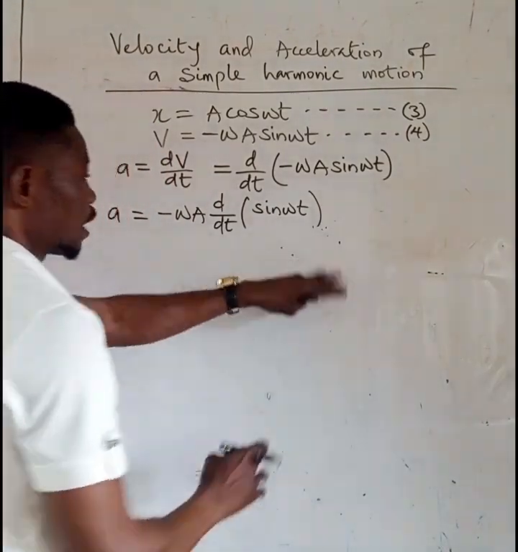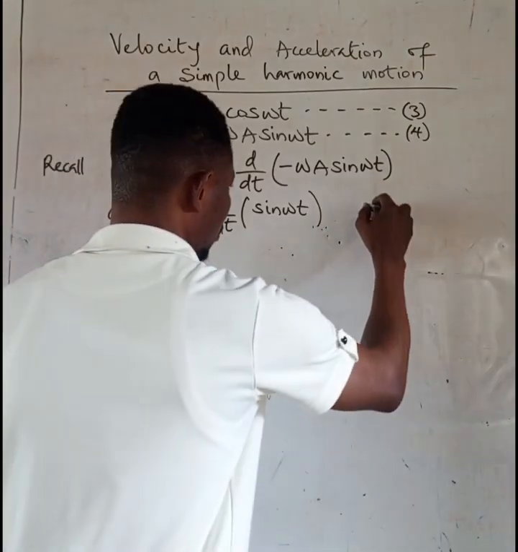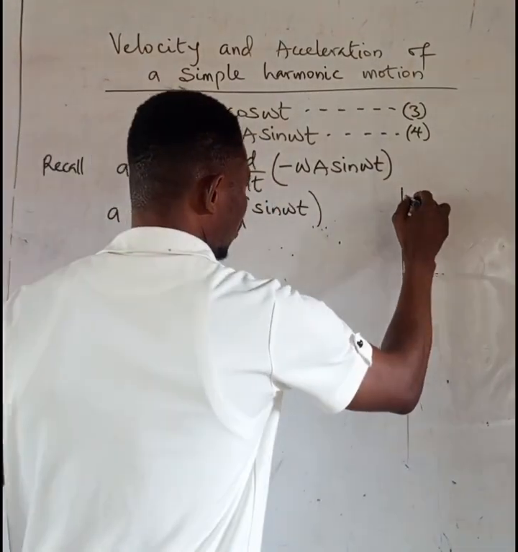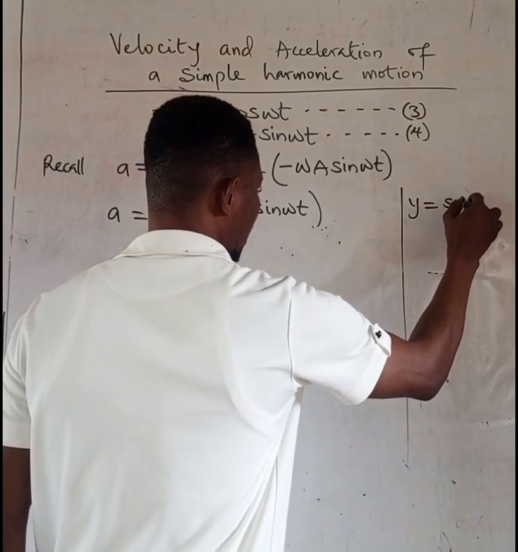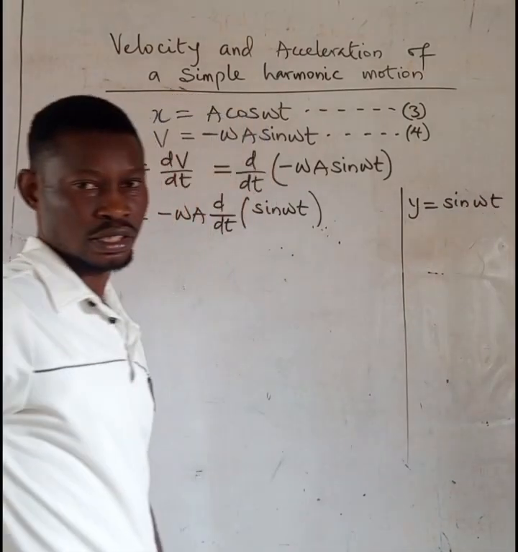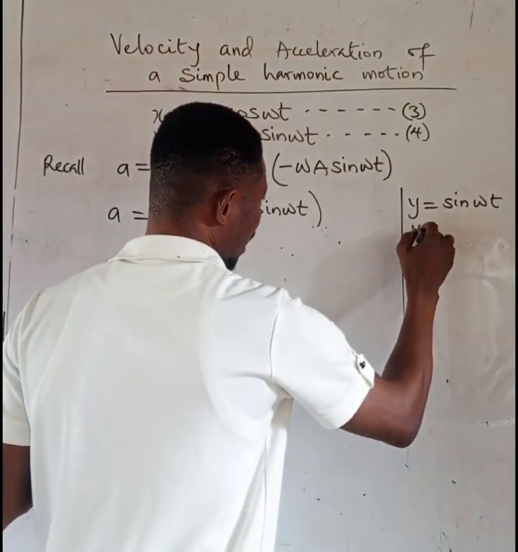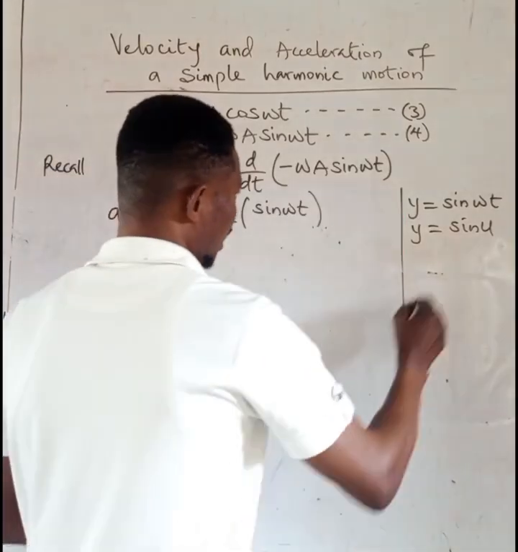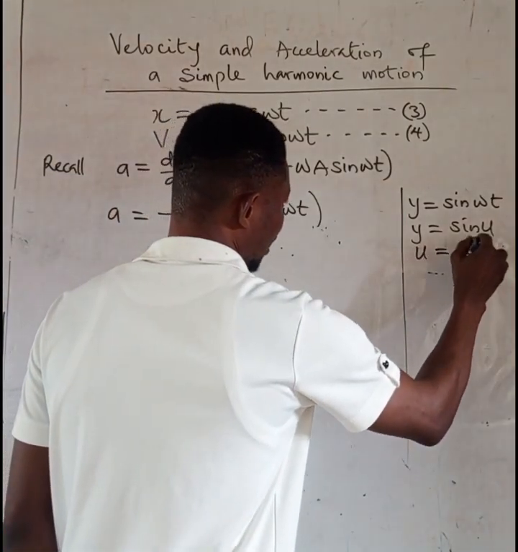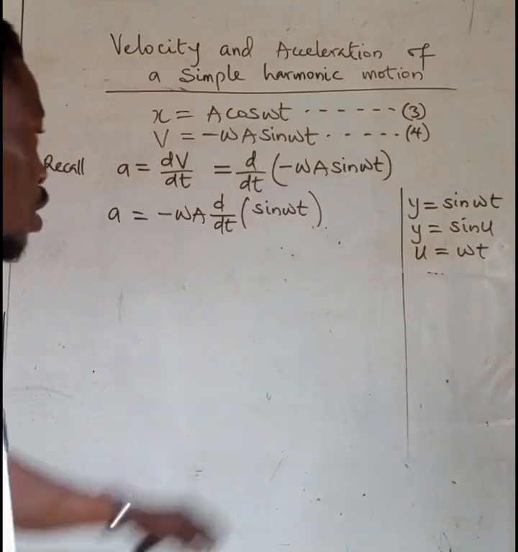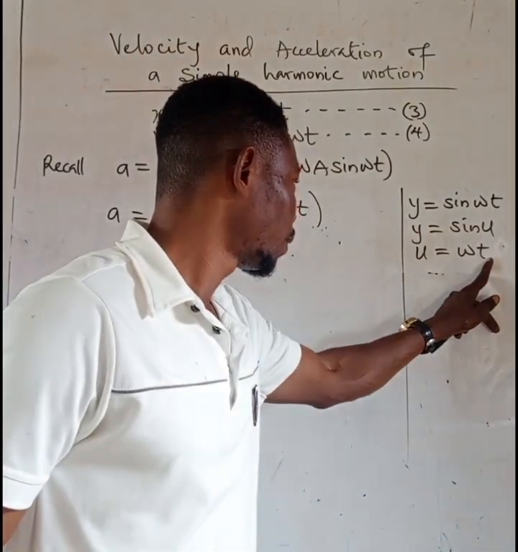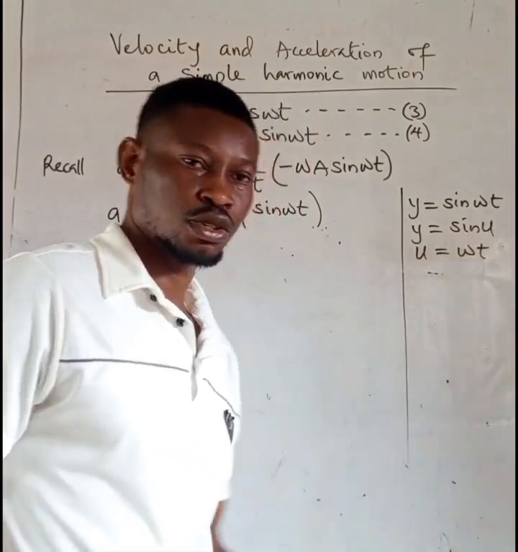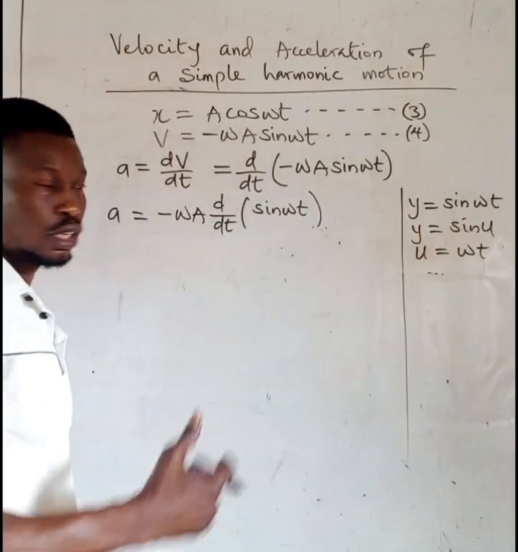We have a setup here that looks like y equals sine omega t, which we can say is y equals sine u, where u is equal to omega t. So u is a function of t, and y is a function of u, which in turn is a function of t. That's why we refer to it as a function of a function.